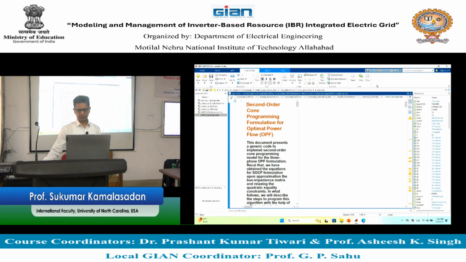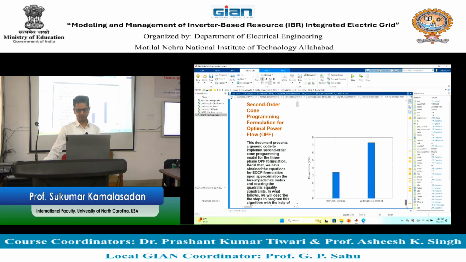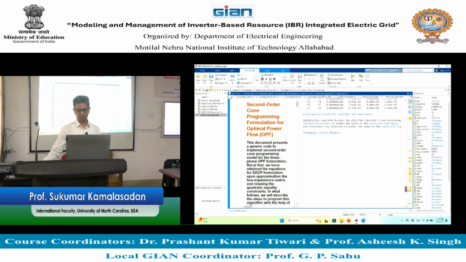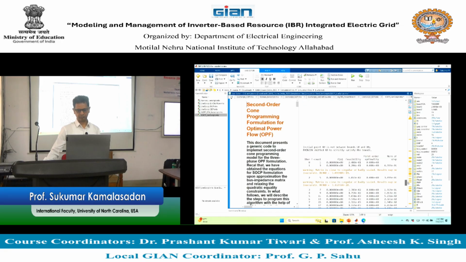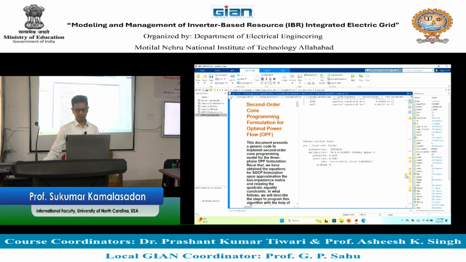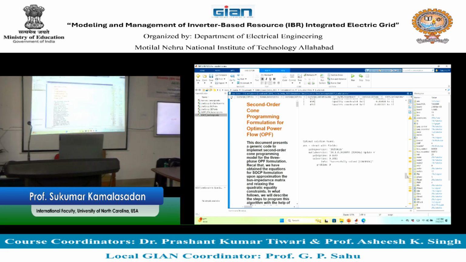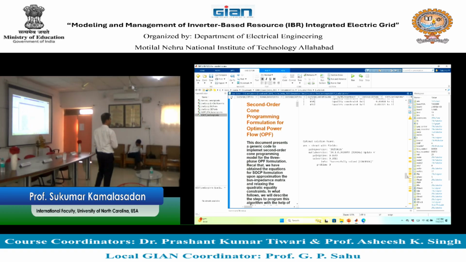This is the second order cone programming. Another solver, the fourth one, is called coneprog. Coneprog is used for second order cone programming.